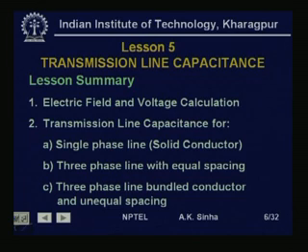Next, we will take up the transmission line capacitance calculation for a single phase line with solid conductors. Then we will take up a 3-phase line with equal spacing, and finally, we will talk about a 3-phase line with bundle conductors and unequal spacing.